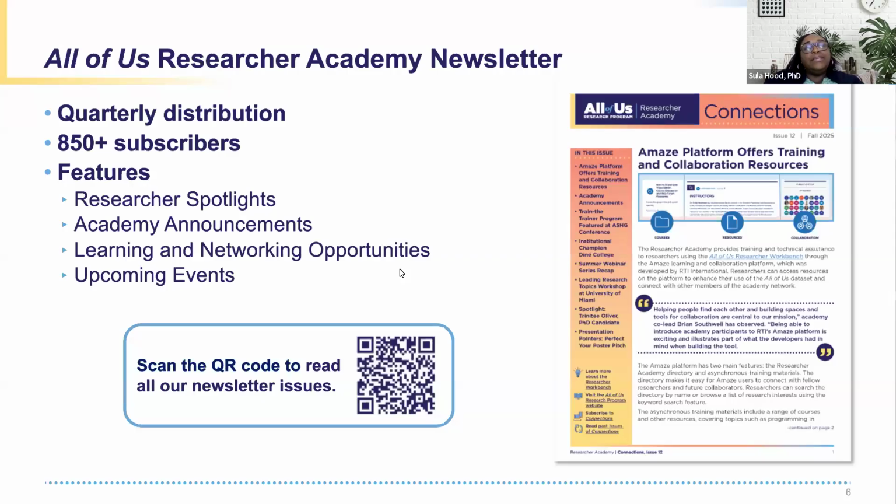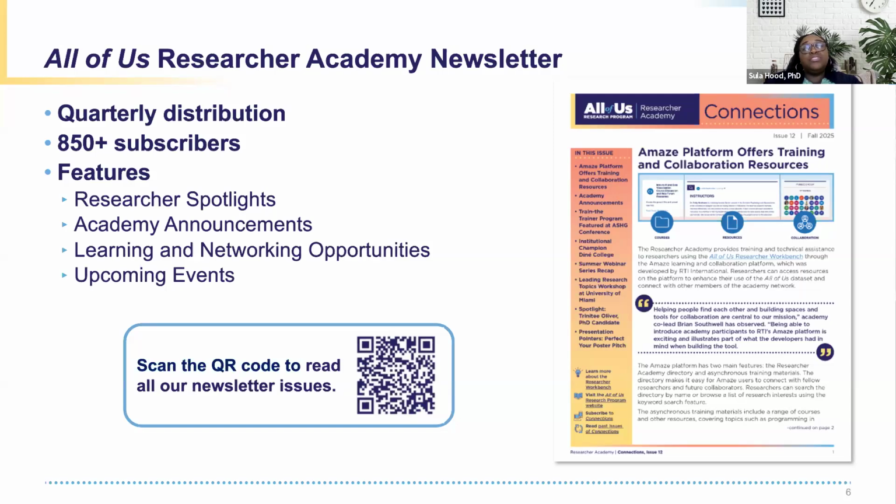And finally, another resource that I'd like to highlight from our Researcher Academy is our All of Us Researcher Academy newsletter, which is called Connections. It's a quarterly newsletter that features information such as researcher spotlights to highlight the accomplishments and the research of individuals who are connected with our Researcher Academy.